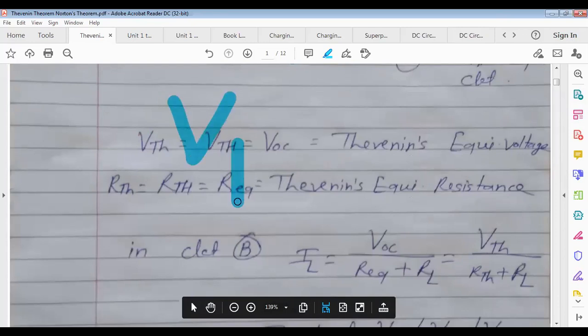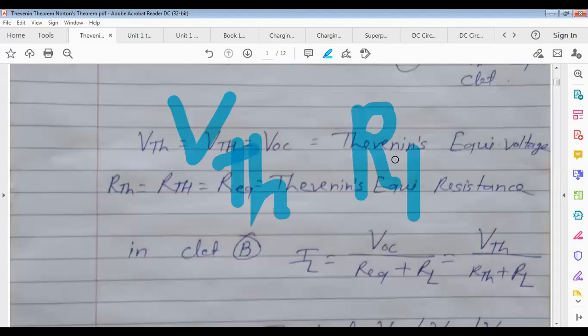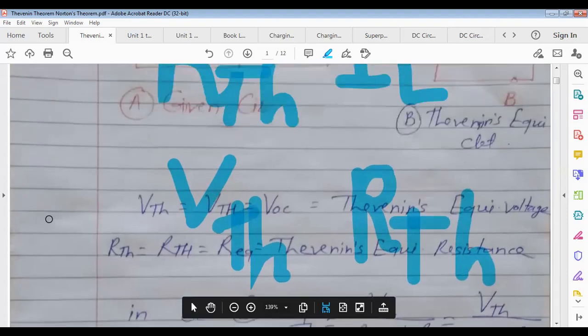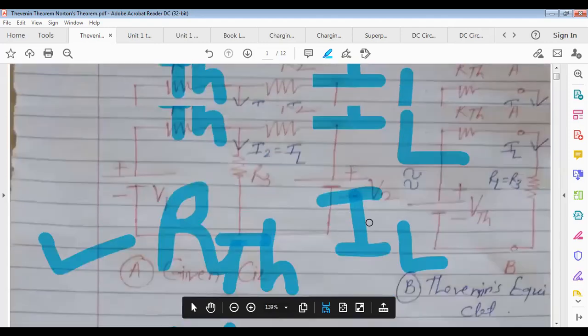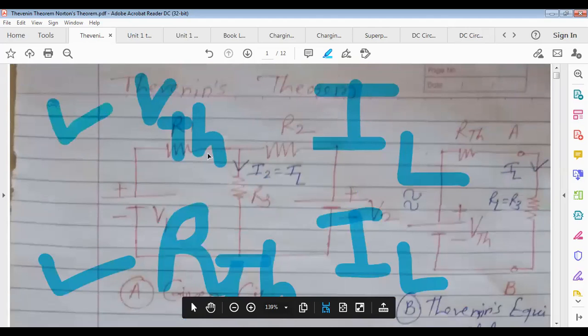If the options given to you are like this, suppose in one sum find VTH and RTH, in another sum find RTH and IL, in a third sum find VTH and IL, then compulsorily in this method you have to use Thevenin's only, isn't it?